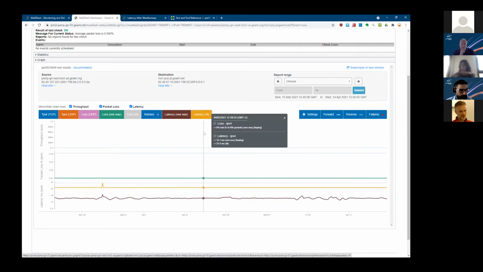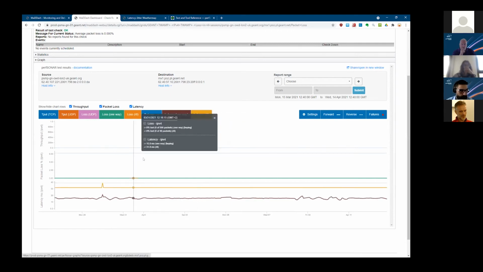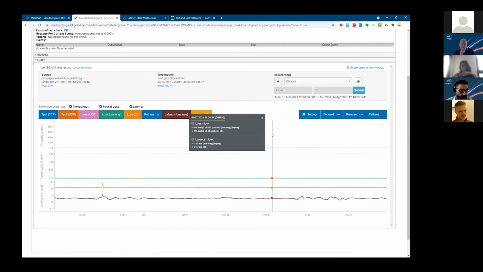So I have activated the round trip time tests, with ping, and now I'm collecting also the measurements from the round trip time. Apparently, the one-way delay measurements, or the TWAMP measurements, which are one-way delay in one direction and then in the other, are prone to issues with time synchronization.